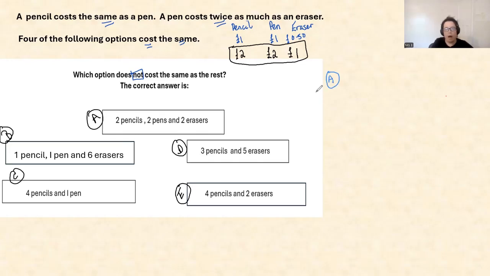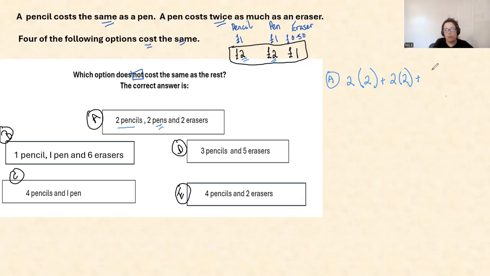Option A has two pencils, which is going to be 2, and my pencils, I said, are £2. So 2 multiplied by 2, I'm not going to put in the pound, plus 2 pens, plus 2 multiplied by 2, because my pens are £2, plus 2 erasers.